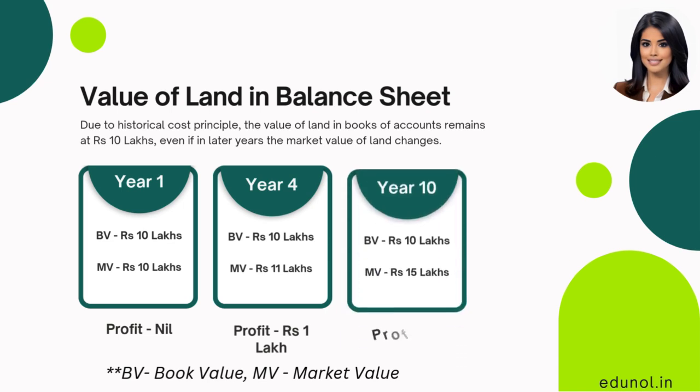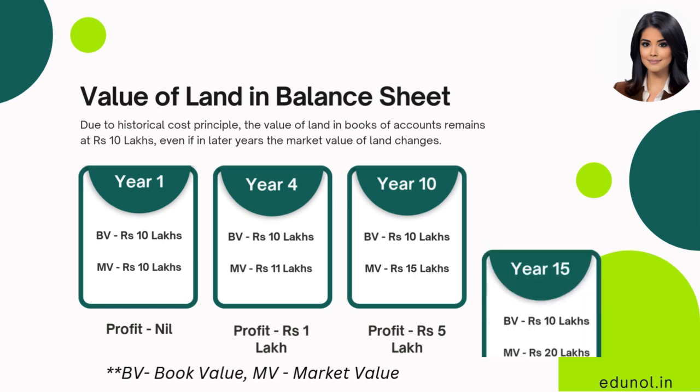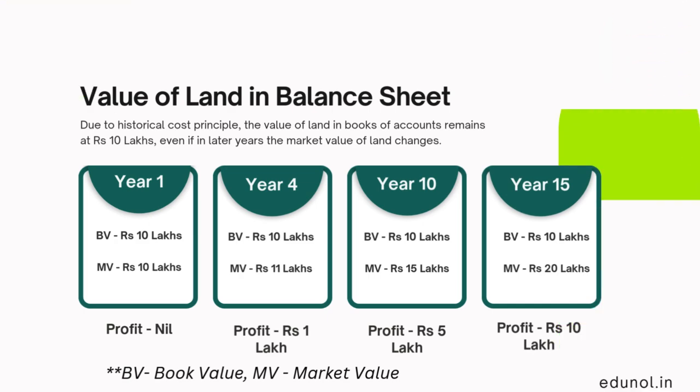Or suppose the market value of land after 10 years becomes 15 lakh rupees. Still, the land in the balance sheet of the partnership firm will be shown at 10 lakh rupees only due to historical cost principle. Here unrecorded profit increases to 5 lakh rupees. This variation between book value and market value can continue and become larger in later years.